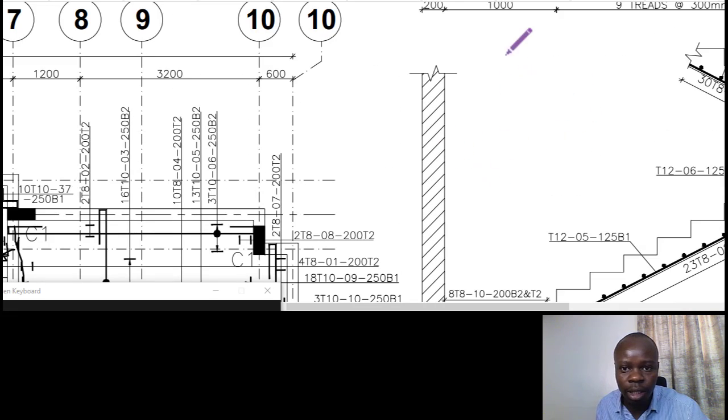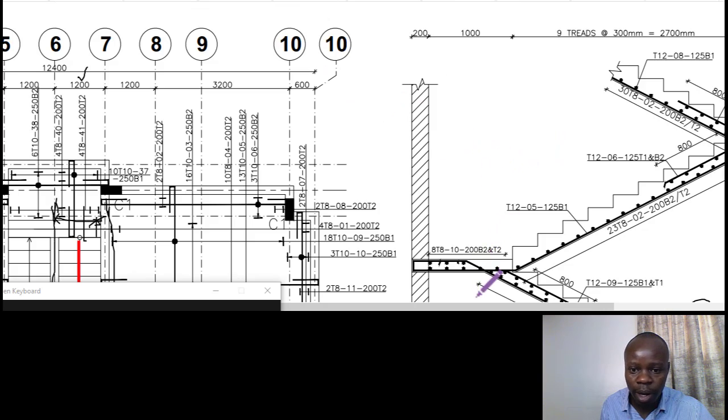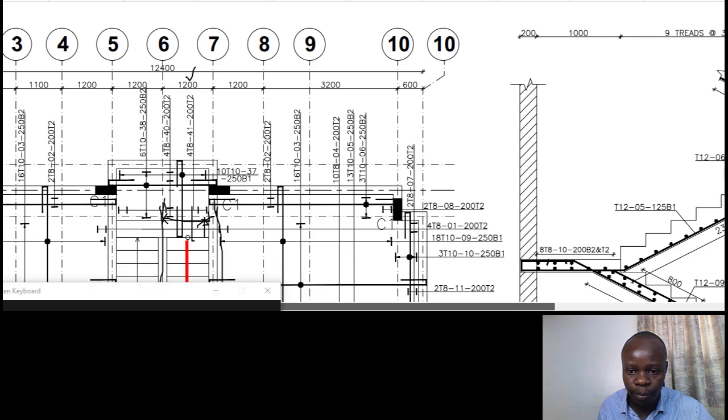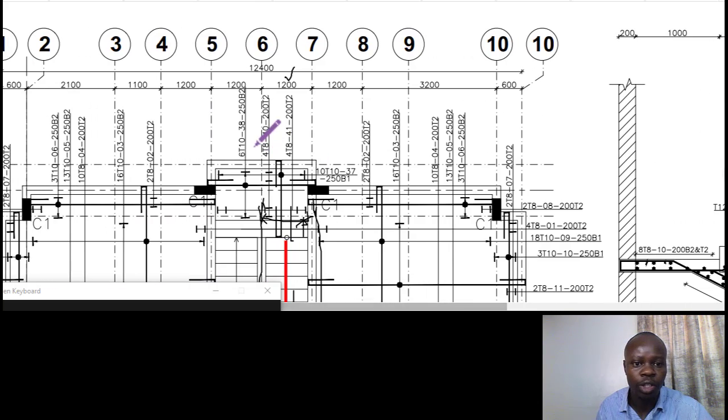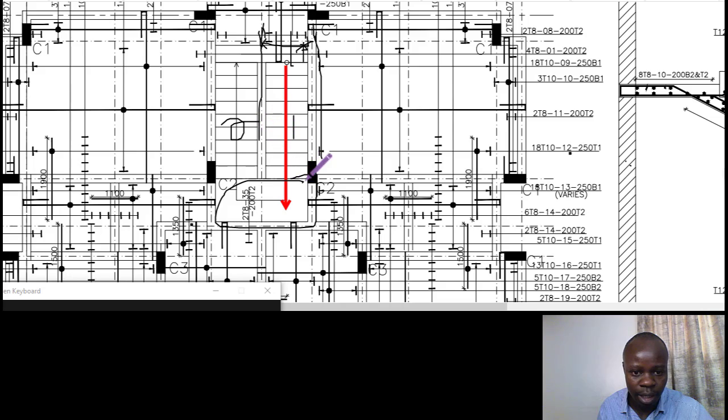the landing. The landing is 1 meter, but then that is along. So for them, that is across, on the shorter side of the landing. Of course the 1 meter is this, but the bars that we have are across that length.